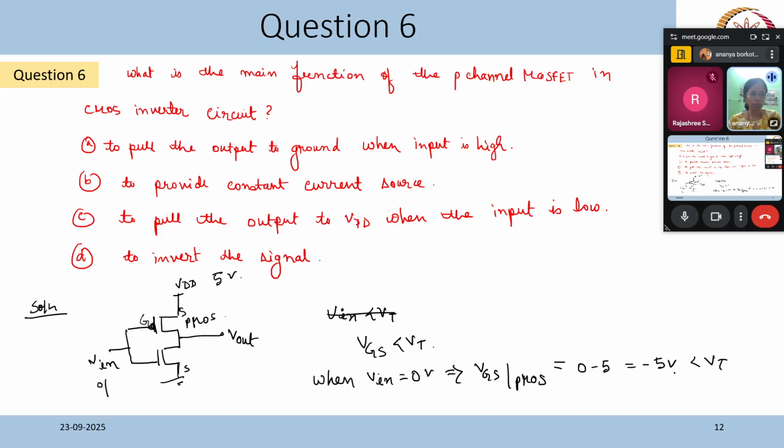Typically VT is around minus 1 volt, minus 0.7 volt, like that. So PMOS will be on.